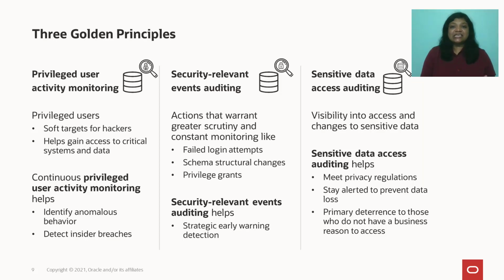Now let's examine each of them. Privileged user accounts are often the soft targets for hackers attempting to gain access to your critical systems and data. Continuous privileged user activity auditing allows security teams to easily identify any kind of anomalous behavior and quickly spot sensitive data leaks, including those coming from the insiders.